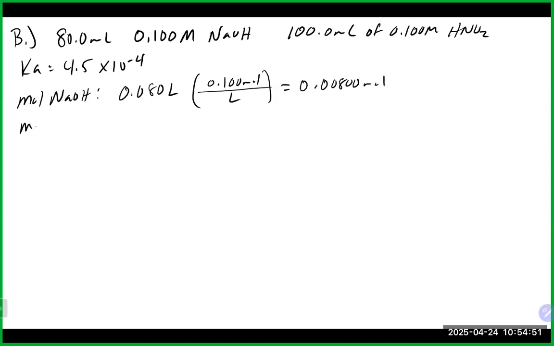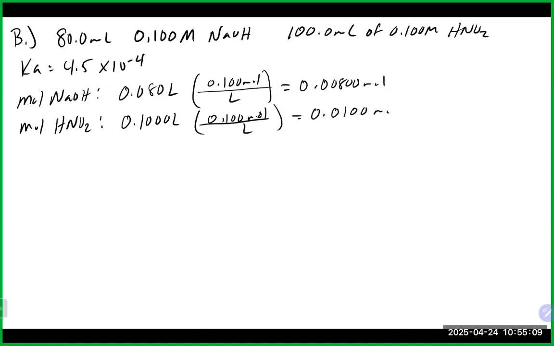We'll do the same thing here for our acid, 0.1 liters times the molarity there, 0.1 moles per liter. And that's going to get us there 0.01 moles in this case.